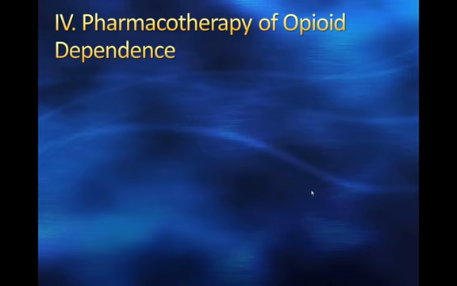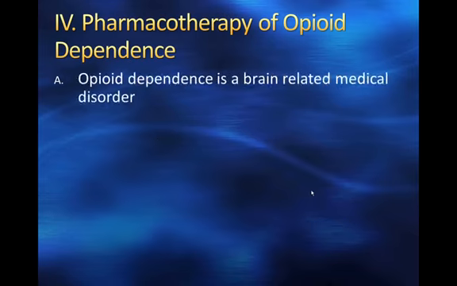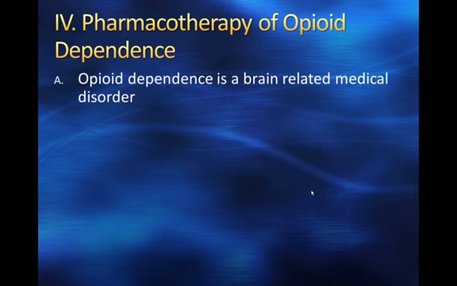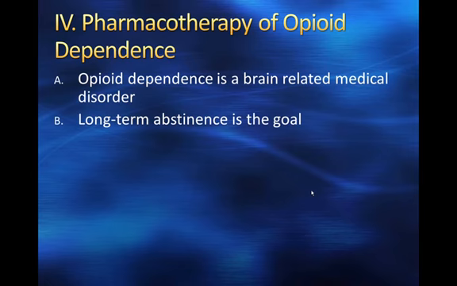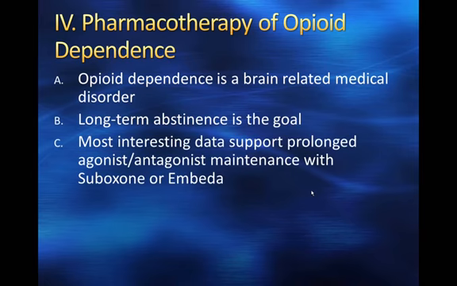Finally, I want to talk briefly about the pharmacotherapy of opioid dependence. We'll talk more about treating drug disorders later, but opioid dependence, keep in mind, is a brain-related medical disorder. Long-term abstinence is, of course, the goal, but it's very difficult to achieve, particularly with heroin addicts. The most interesting and most supported data support a prolonged agonist-antagonist maintenance with a drug like Suboxone or Embeda.